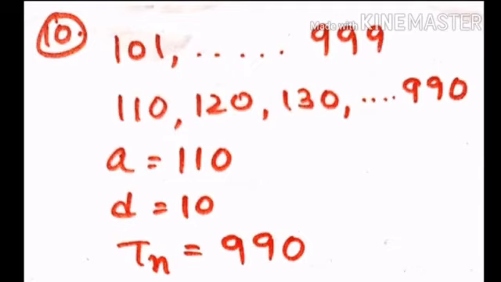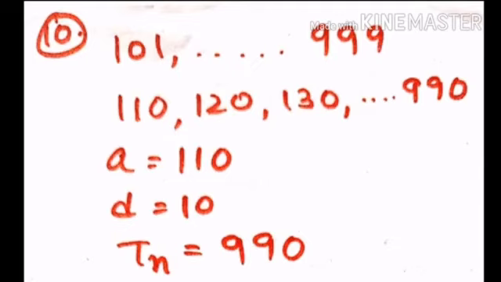See students, the numbers between 101 to 999, first of all, that is your AP. I have written 101 and so on to 999. But the constraint is that it should be divisible by both 2 and 5. Whenever a number is divisible by both 2 and 5, it must be divisible by 10.